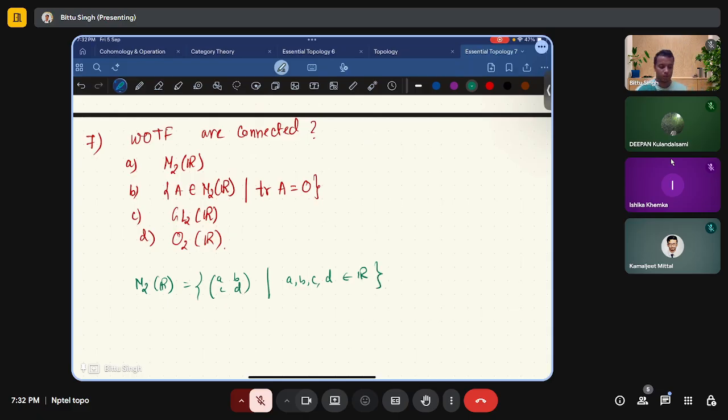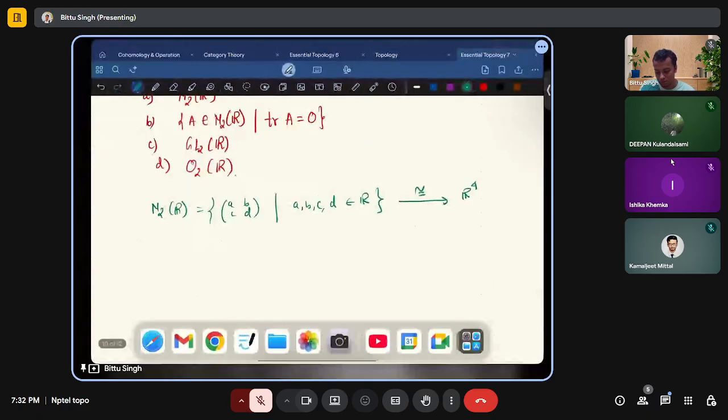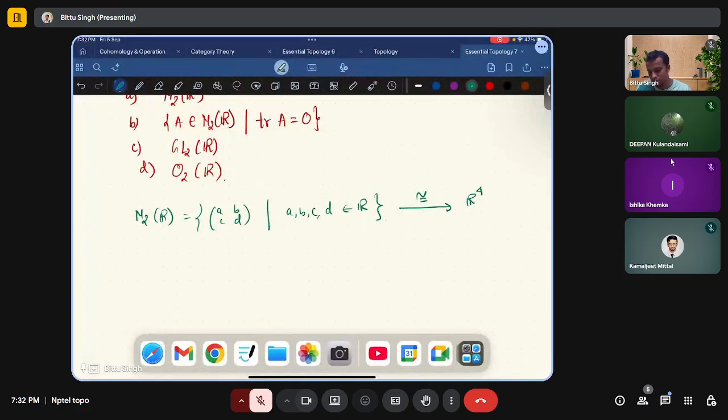Any 2 by 2 matrix belongs to M2(R). Now, can you see whether this set is connected or not? Note that this is actually homeomorphic to R4, where the usual topology is considered on the right-hand side.